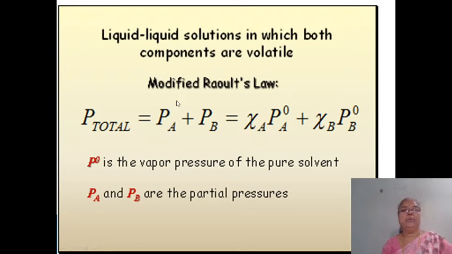And according to Dalton's law, the total vapor pressure of the solution is the sum of the partial pressures of the two constituents. So we can write the modified Dalton's law as P total, that means the total vapor pressure of the solution, is equal to PA plus PB, and it is equal to XA into P0A plus XB into P0B.